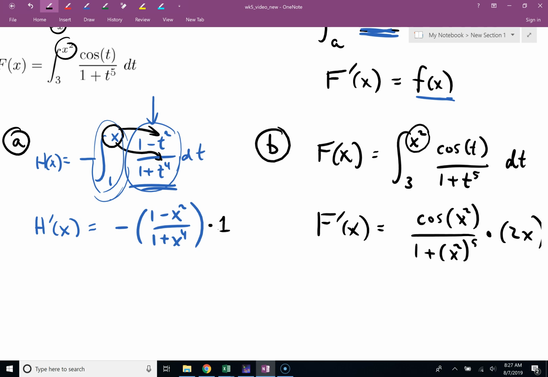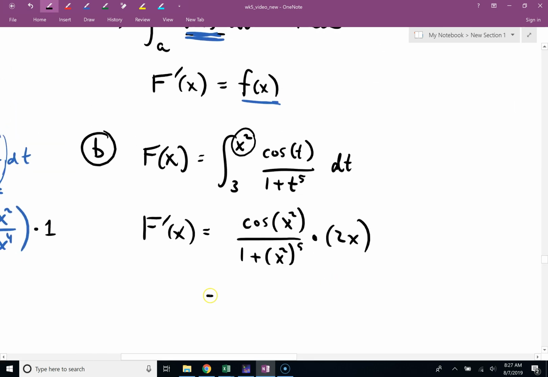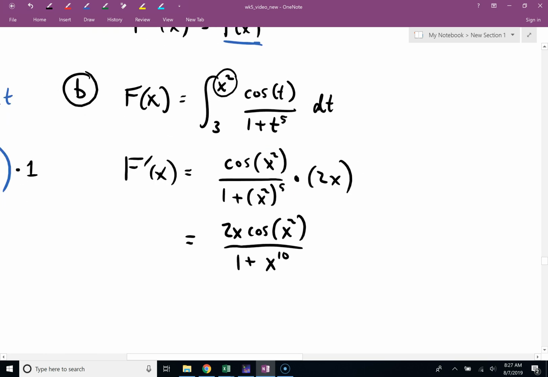In this case, because we have x squared, its derivative is 2x. And so my final answer, I'd probably write this as 2x cosine of x squared divided by 1 plus x to the 10th power, because we have x squared, and then that gets raised to the 5th power. So this is what my final answer would be.